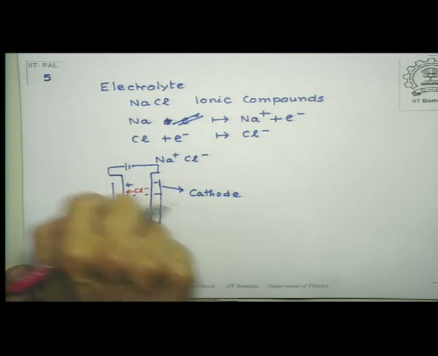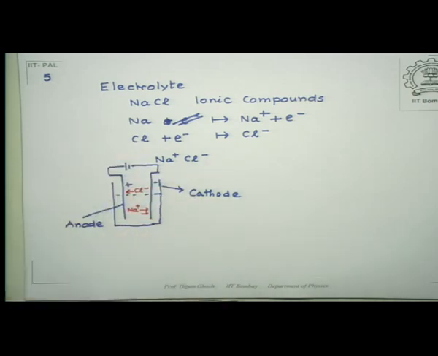And of course, if there is a closed circuit, this would give rise to a current. Basically, though generally we talk about electrons being the agent of conducting electricity, we also have the sodium and the chlorine ions. For example, the positive ions can also conduct electricity.